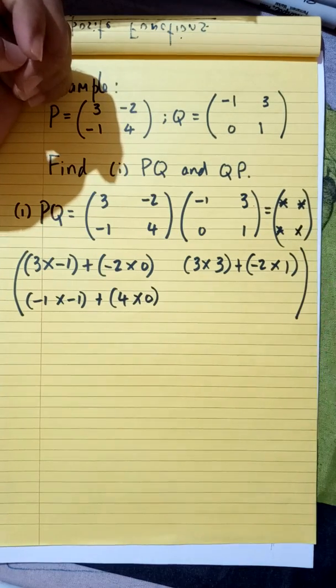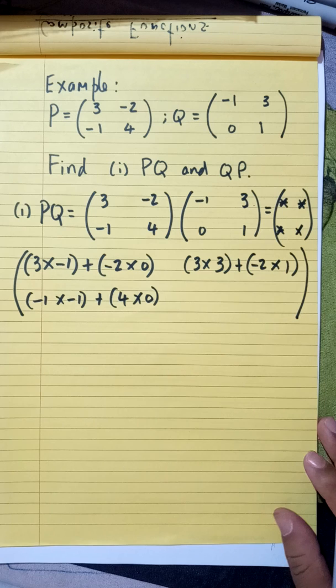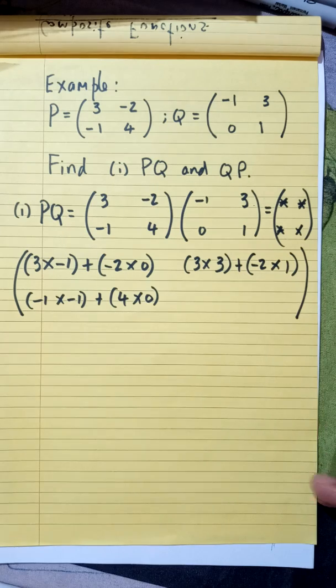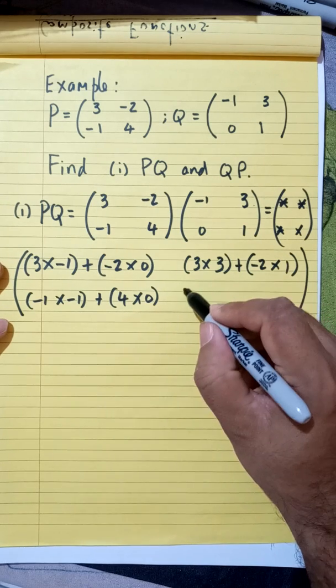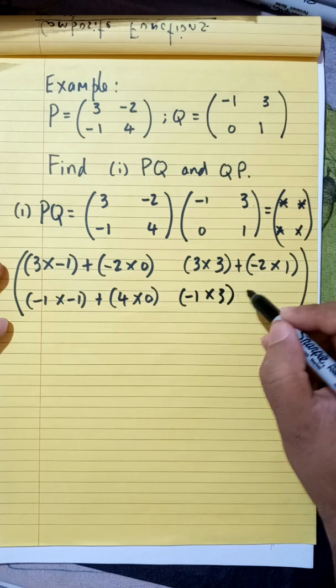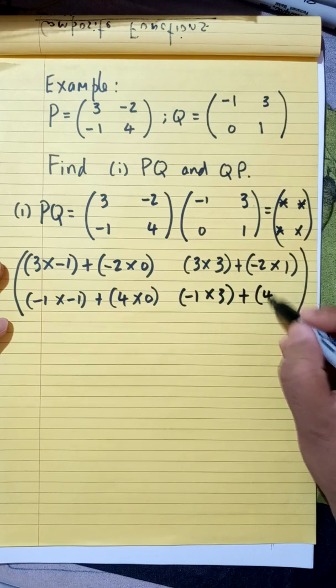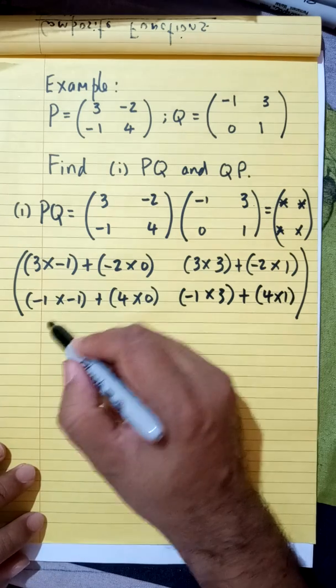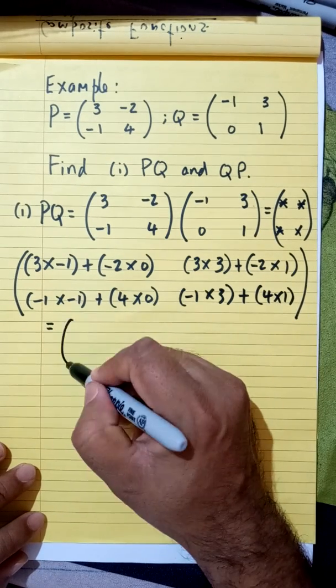And the last one, can you set it out? Let me give you 5 seconds. So it's going to be -1 times 3 plus 4 times 1. And we simply just compute this.